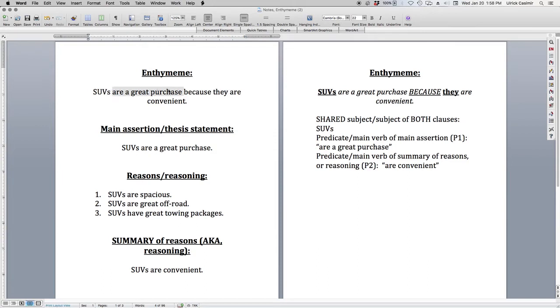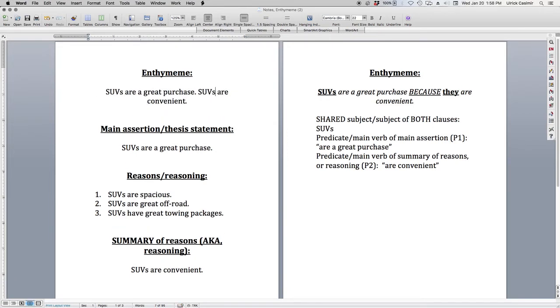A predicate is, for those of you that need a little refresher on this, the subject of a sentence is its main noun, and the predicate of a sentence is its main verb and the words associated with that main verb. So, the subject of both clauses here: if you were to take the because out of here, put a period here, and get rid of this, you'd have SUVs are convenient.